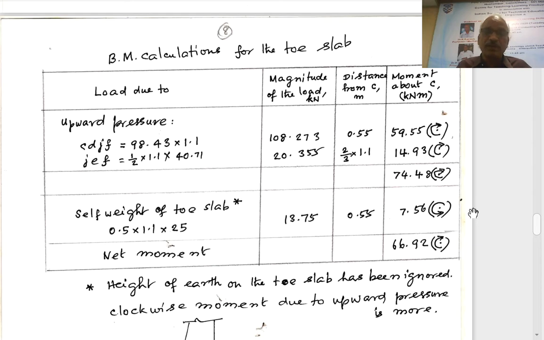load due to magnitude of the load, distance from C. Just now you know where C is, and moment about C. We are going to take moment of the forces about the fixed end of the cantilever, because the toe slab is a cantilever, right? So about the fixed end, that is C here. Therefore, the force due to CDEF: CDJF is a rectangle having 98.43 into the length of the toe slab, 1.1 meter.